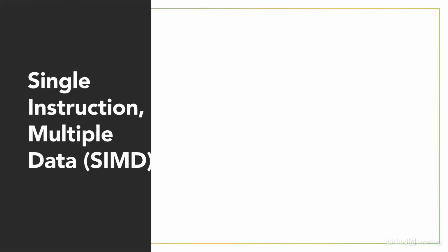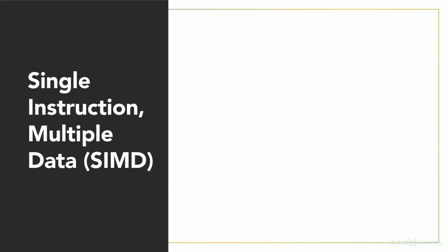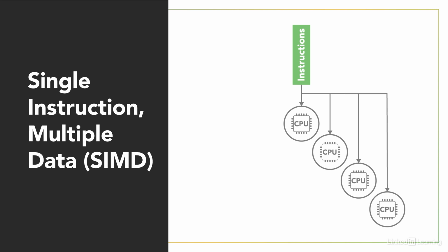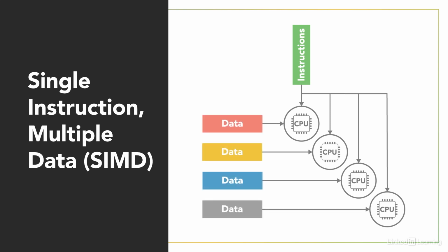The next class in Flynn's taxonomy is Single Instruction Multiple Data, or SIMD, which is a type of parallel computer with multiple processing units. All of its processors execute the same instruction at any given time, but they can each operate on different data elements. As an SIMD computer, our 2 processors are both executing the same chopping instruction, but I'm chopping celery as my data while Barron chops a carrot.